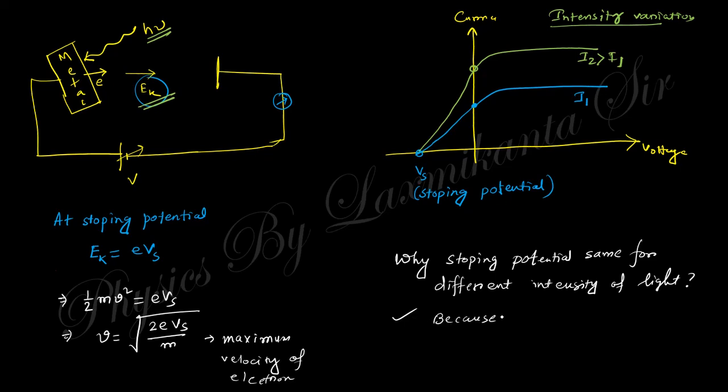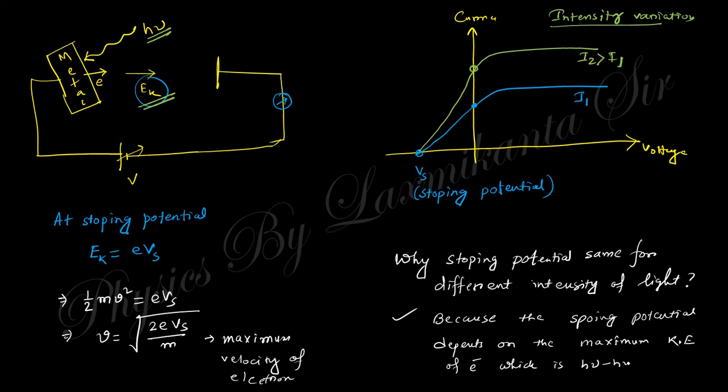Because the stopping potential depends on the maximum kinetic energy of the electron, which is h nu minus h nu naught, that is the incident energy minus the work function.